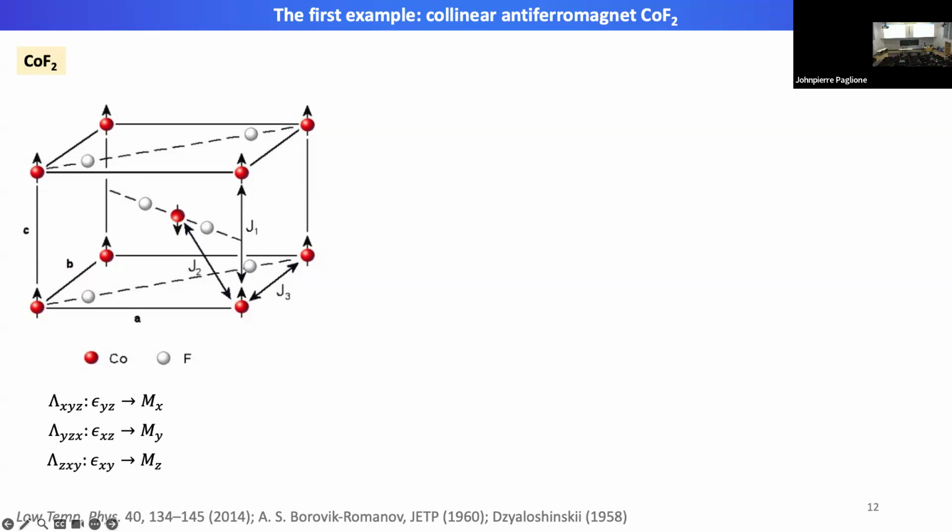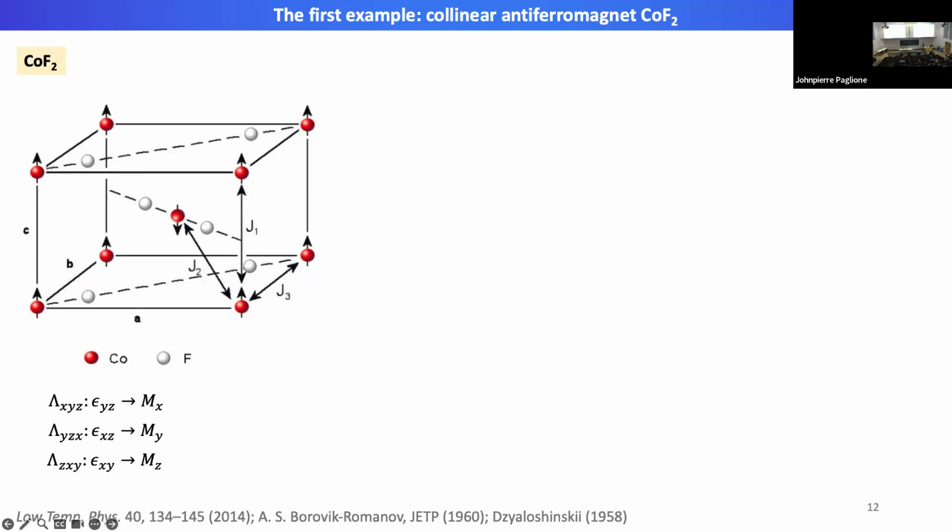As you might recall from yesterday's lecture by Raphael, these two antiferromagnetic sites are related to each other by rotation symmetry, and therefore, symmetry-wise, it can be characterized as an altermagnet. And it's a collinear antiferromagnet without any net moment.